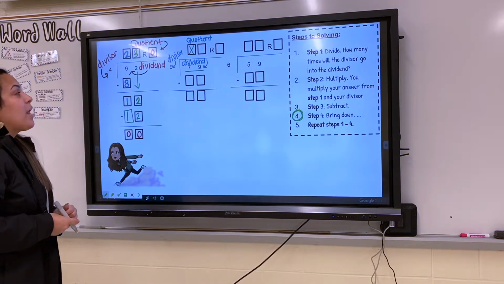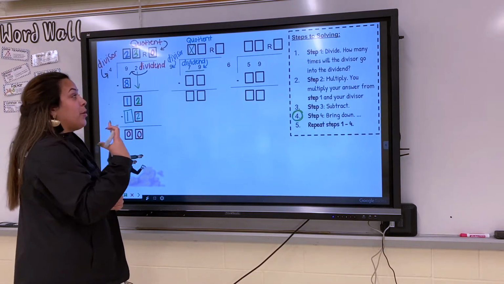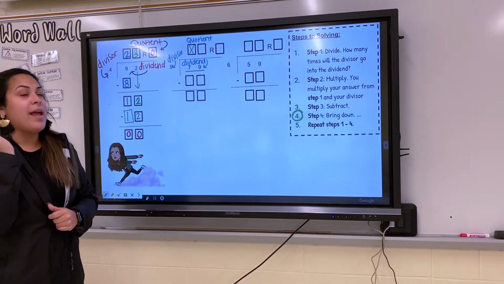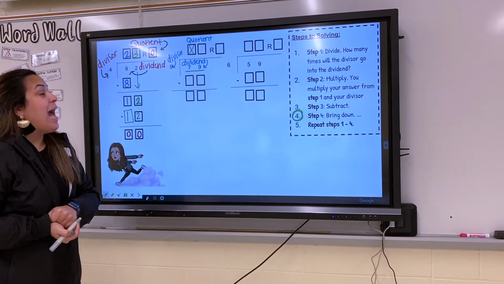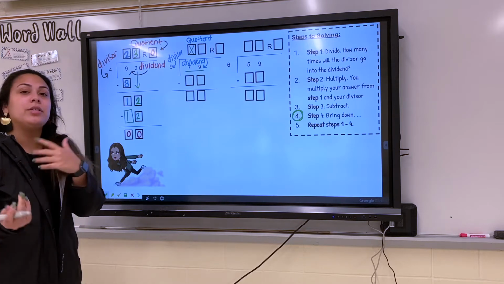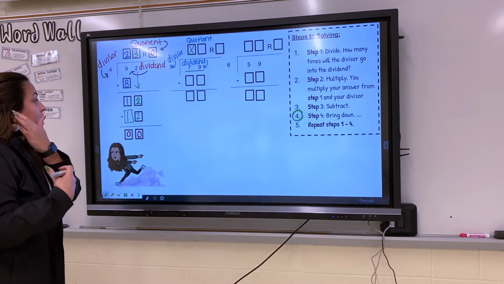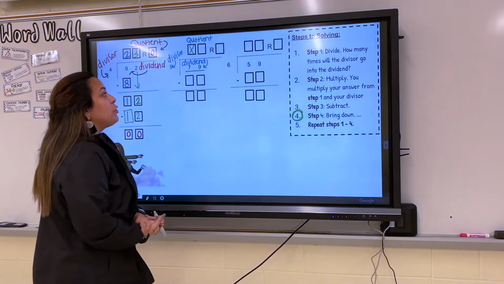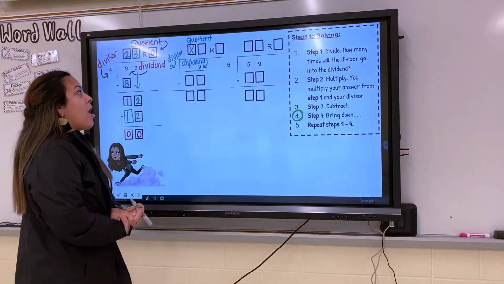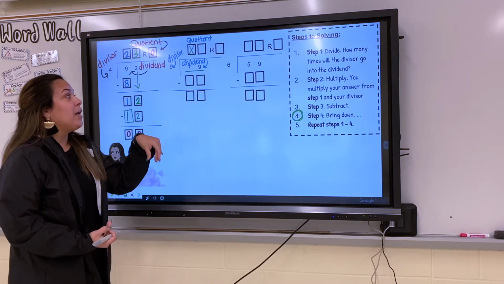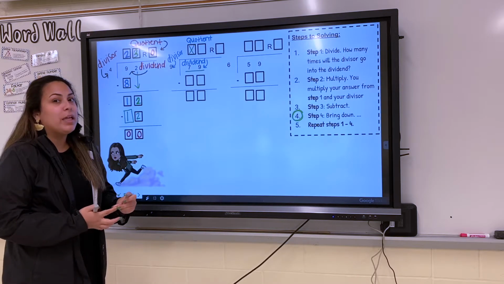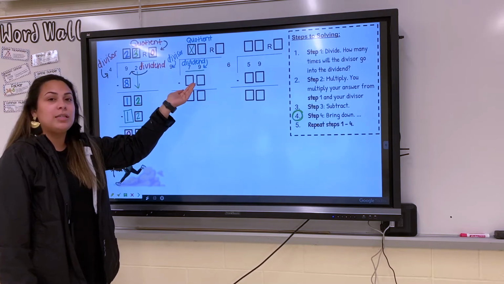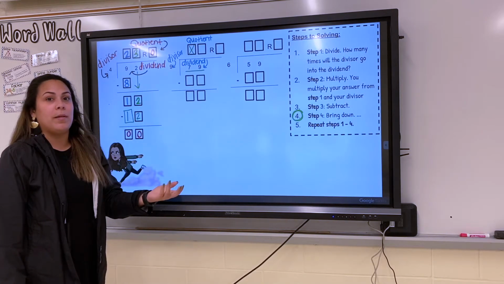Okay? So now I want to know how many times can 9 go into 79? Now, I don't know this off the top of my head, so this is where the scratch paper comes into play. I'm going to use this down here as my scratch paper. I have told kids in the past, when it comes to dividing and you don't know a number that you can multiply by 9 to get close to this, just start multiplying random numbers.